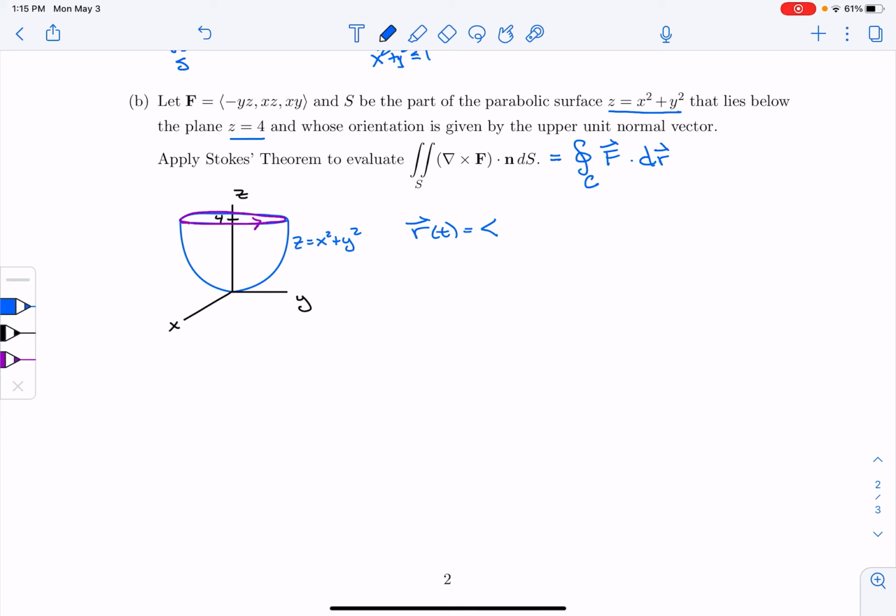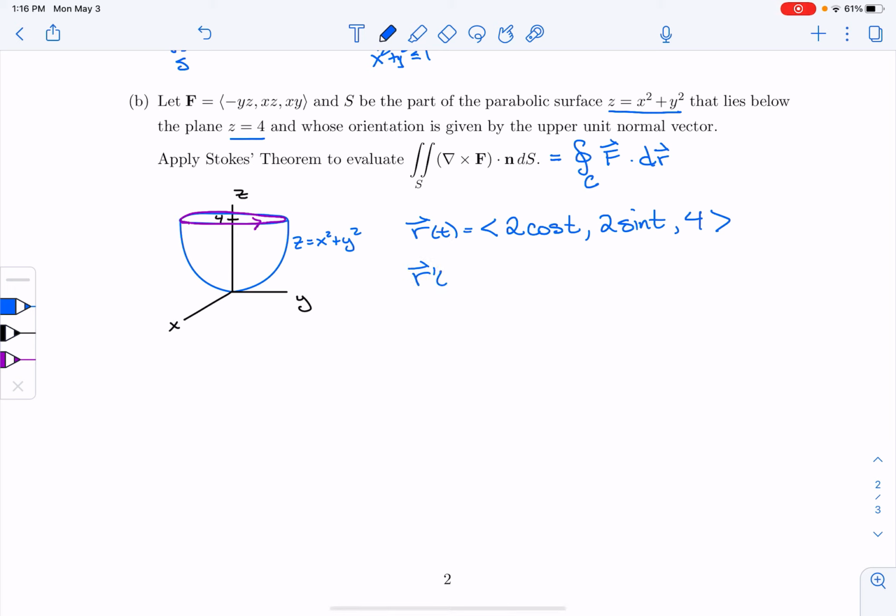So this is a circle of radius 2. I can parameterize that by 2 cosine t, 2 sine t. But z in this case is 4 because I'm not sitting in the xy plane. I'm in fact sitting on a circle of height 4.